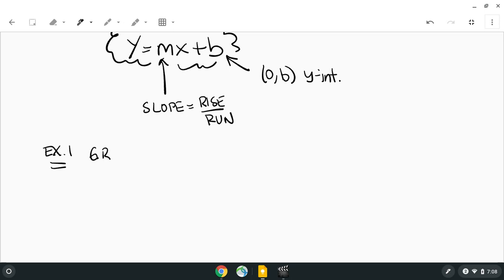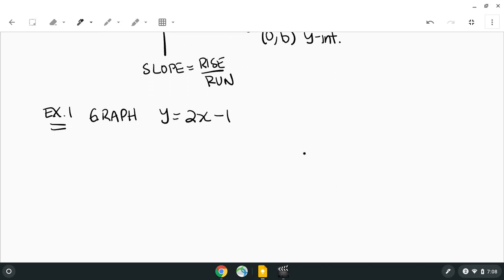Suppose that I want to graph y equals 2x minus 1. I'm not going to make a table. Again, it needs to be written in this form, not standard form where the x and the y terms are on the same side. It needs to be written in slope-intercept form, where the y is by itself.